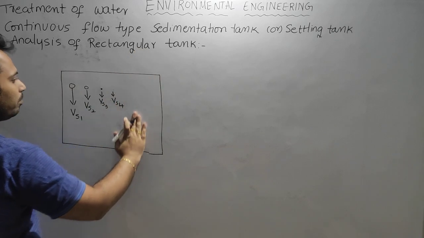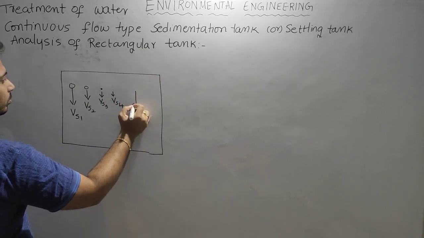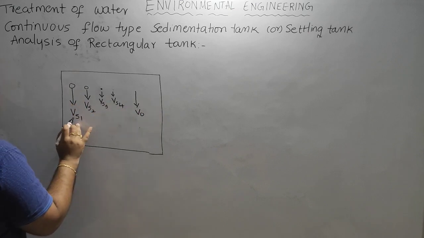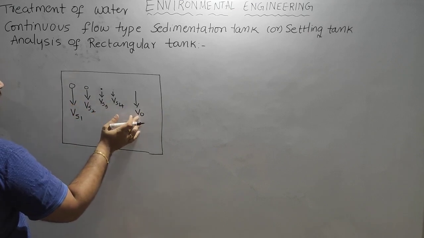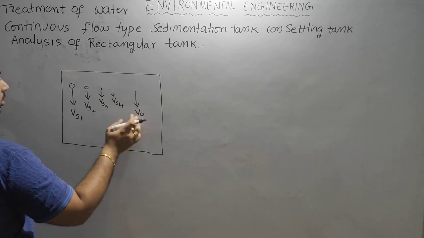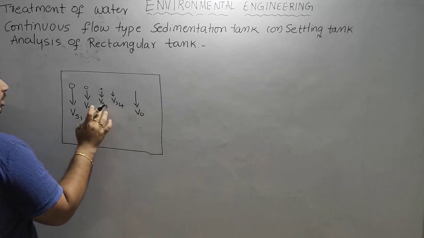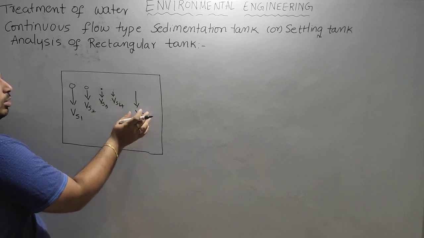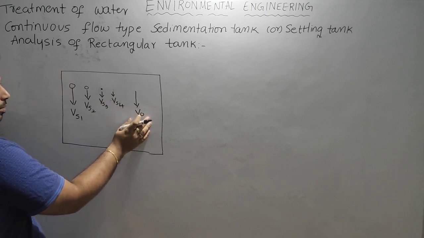So for some particles, Vs1 may be more than V0. For some particles Vs is equal to V0. For some it may be lesser also. V0 is the property of the sedimentation tank.